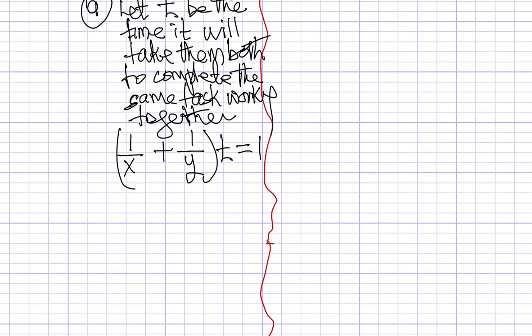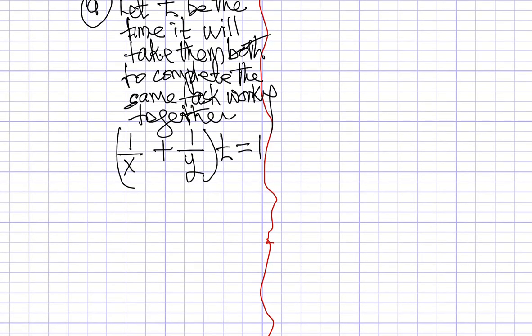We discussed that. Look up, you'll see it. We derive that from, look up, you see how I described that up there. So you multiply that out, what do you get? You get T over X plus T over Y equals 1. You see that, right? Now, we have to solve that.